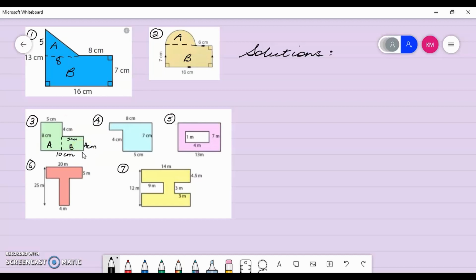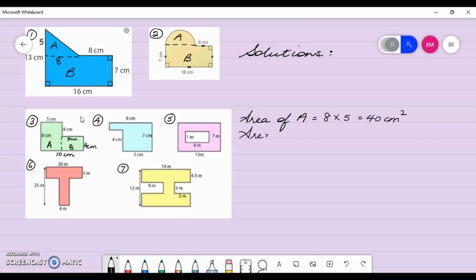Now I can go ahead and find the areas of A and B. So I'm going to write here area of shape A is going to be, now that is a rectangle. So the area of that rectangle is going to be 8 by 5. So I'm going to write here 8 by 5, and that is 40 centimeters squared.